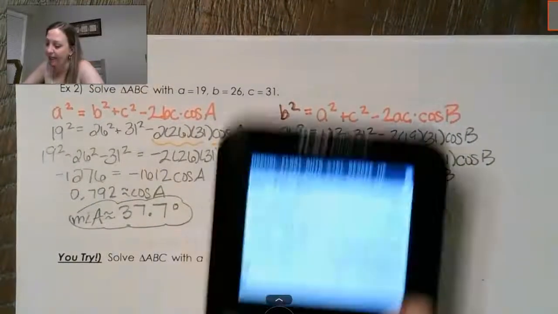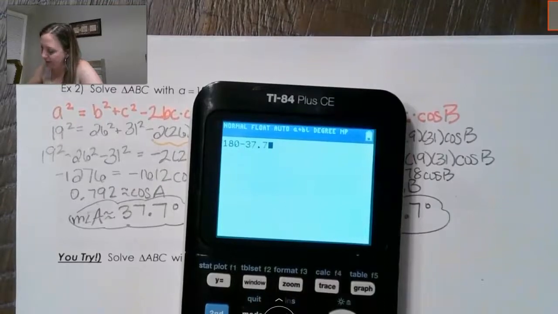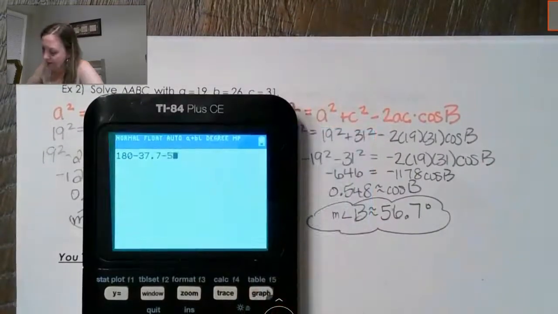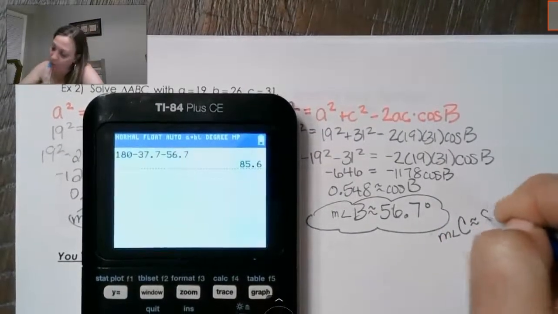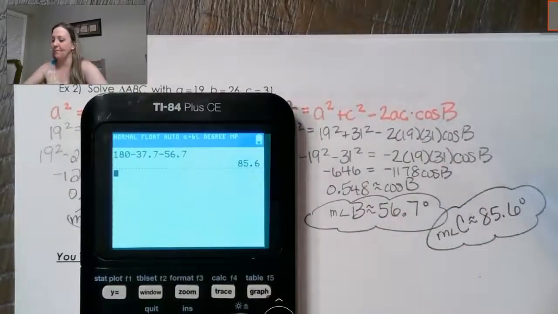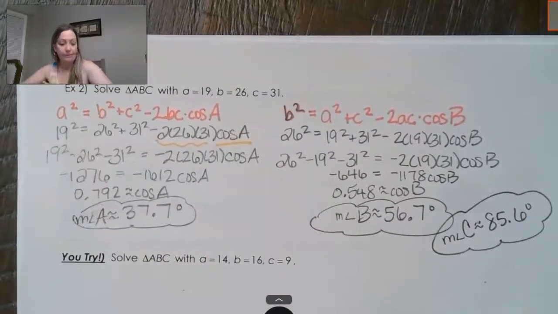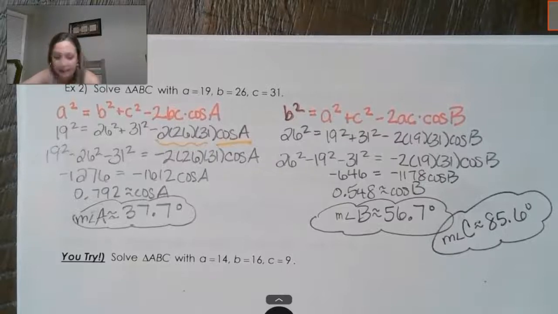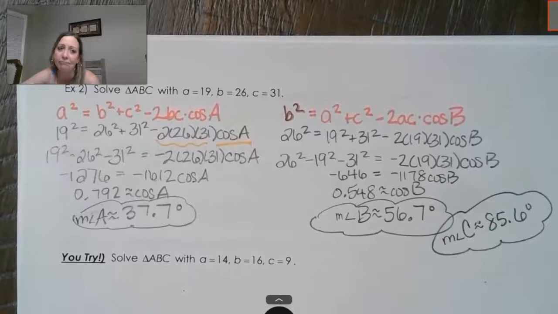So we take 180 minus 37.7 minus 56.7, and that gives me the measure of angle C, which is about 85.6 degrees. I found C first this time in a different attempt, and I still got the same values, so I'm thinking the rounding wasn't too bad this time, okay?